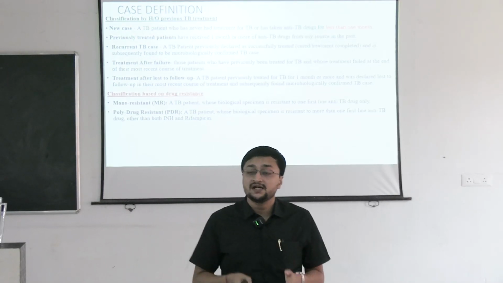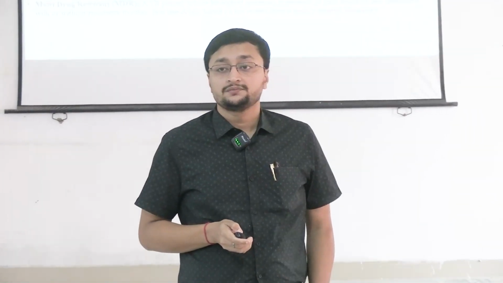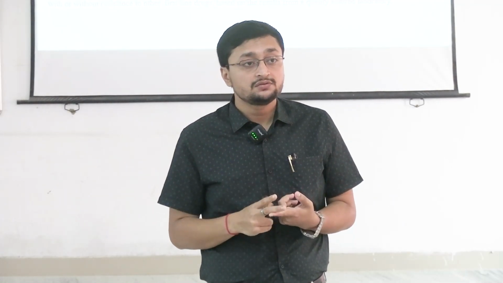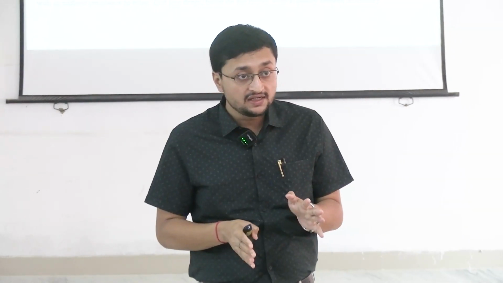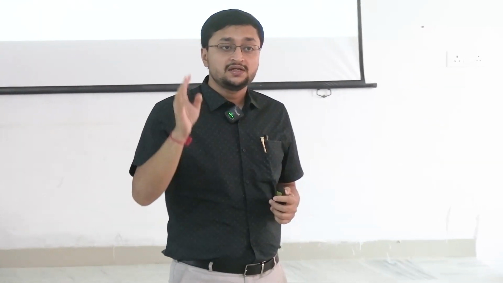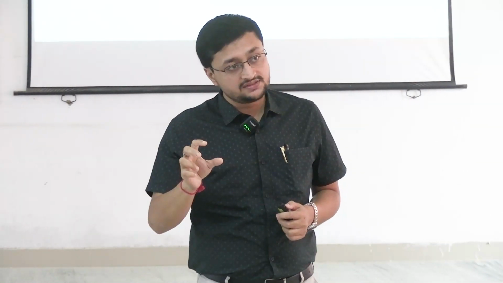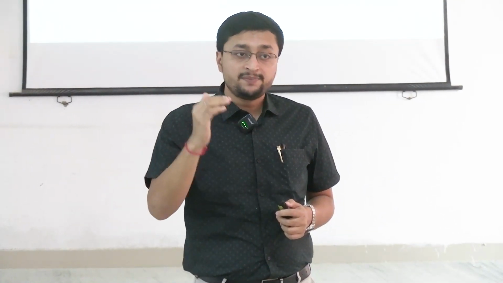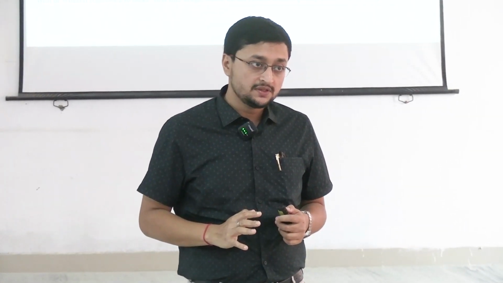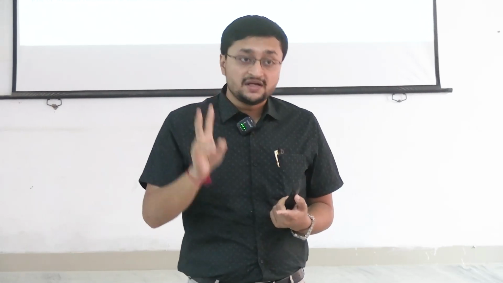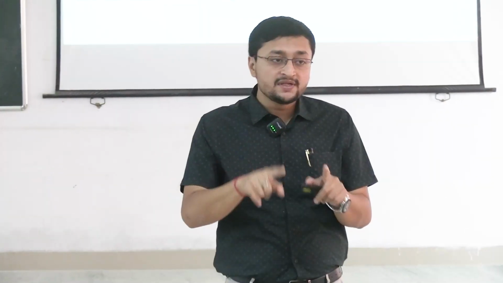So what is MDR? Drug resistant to Rifampicin and Isoniazid. So the monoresistant can be isolated Isoniazid resistant, can be RR, can be Pyrazinamide resistant or Ethambutol resistant. But MDR-TB must be RR plus HR, Rifampicin plus Isoniazid resistant, plus or minus other first line drugs.